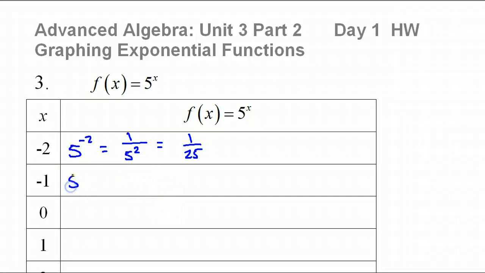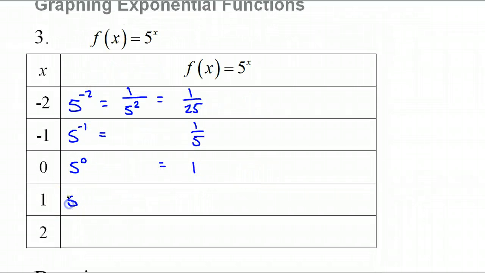And then we have 5 to the negative 1 power, which would just be 1/5. And then we have 5 to the 0 power. Anything to the 0 power is 1. And then we have 5 to the 1 power, which of course is just 5. But then we have 5 squared, which is 25.